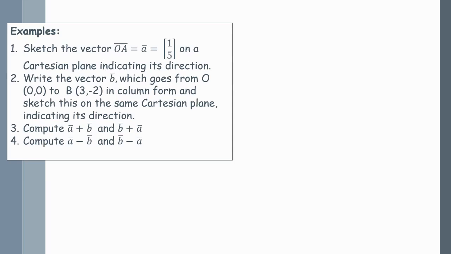So take your time to go through and try these examples. Firstly, I want you to sketch the vector OA, or denoted as little a, equals 1, 5 on a Cartesian plane, indicating its direction.